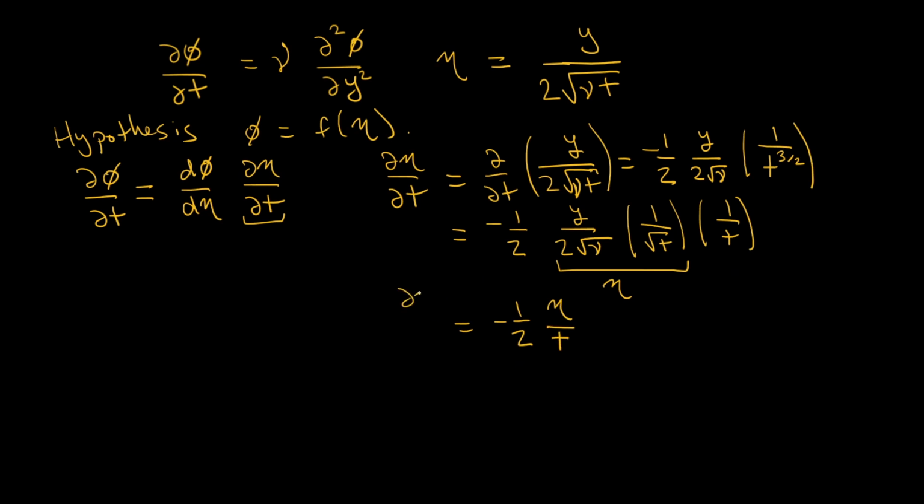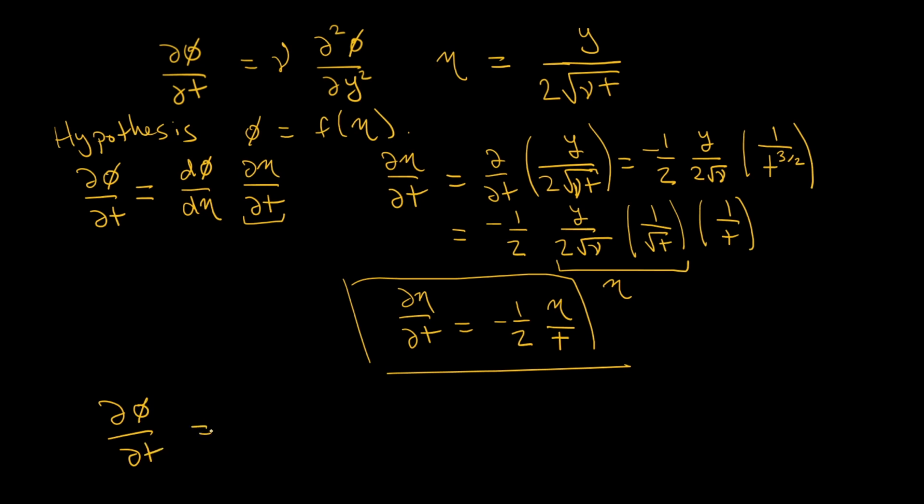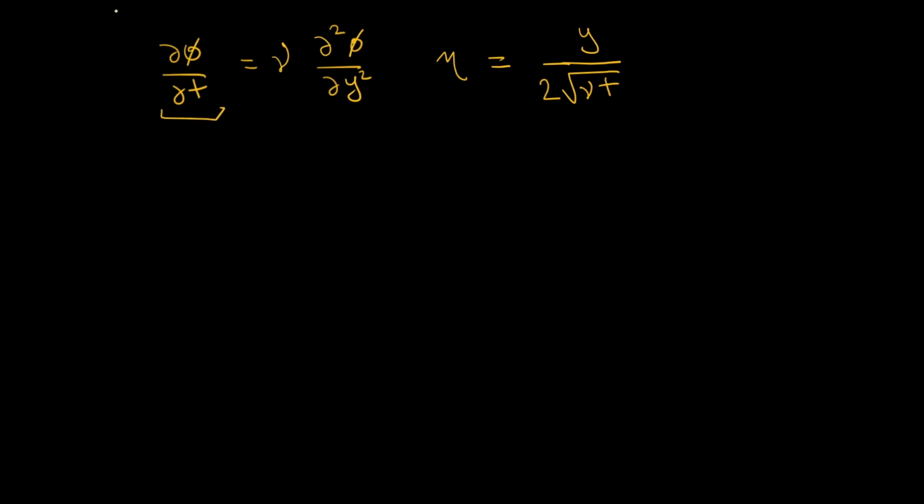And so that's our d eta dt. We can put this all together. D phi dt then is going to be equal to d phi d eta times this quantity right here, minus 1/2 eta over t.